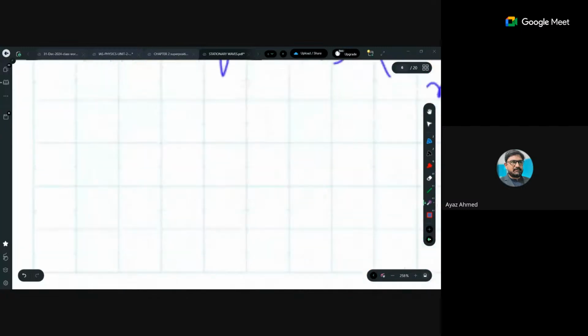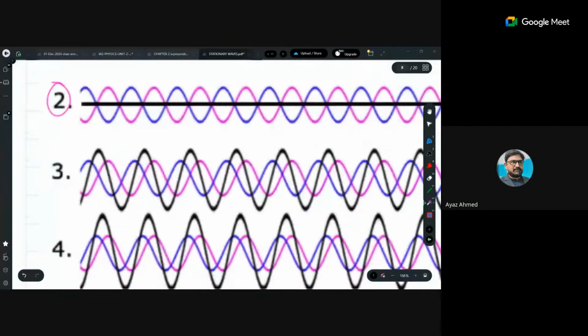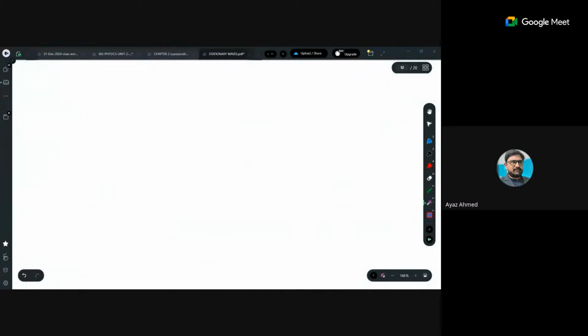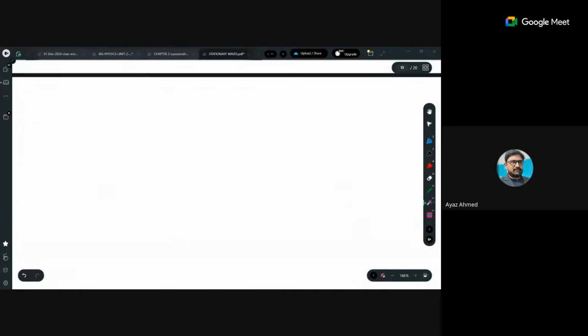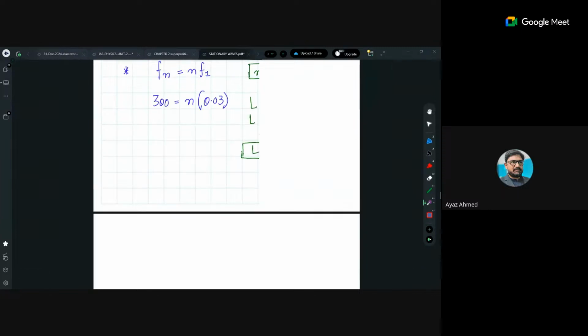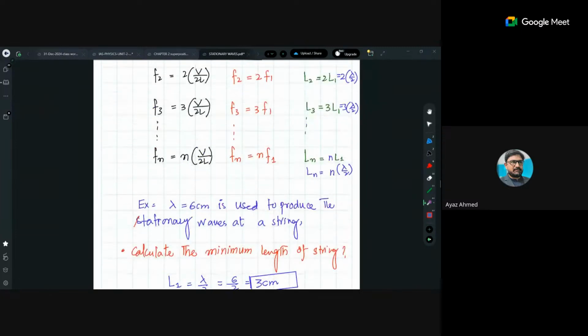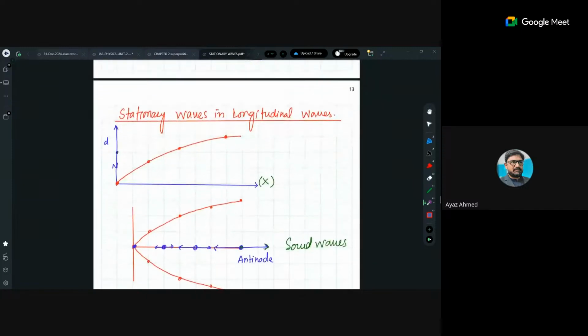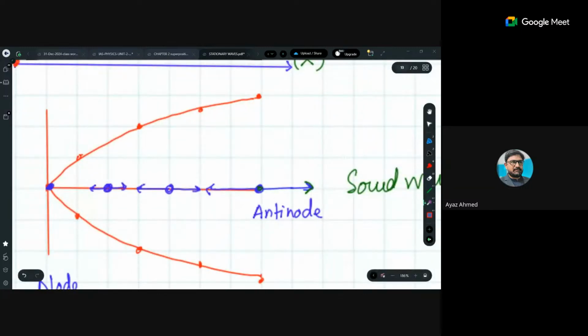And the same goes for stationary longitudinal waves. In longitudinal waves, the vibration is not perpendicular to the direction of the sound wave.